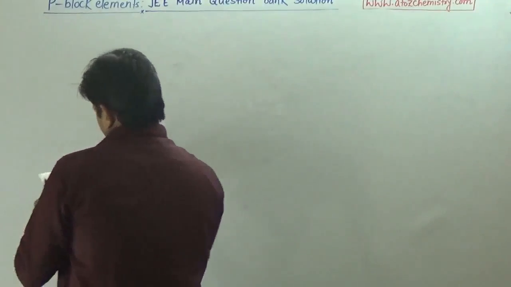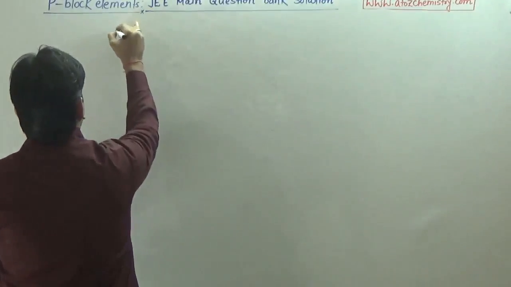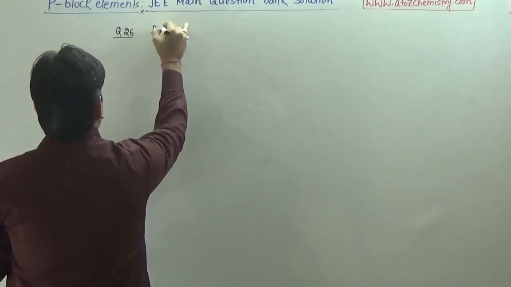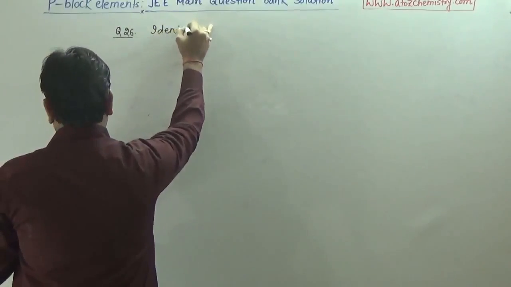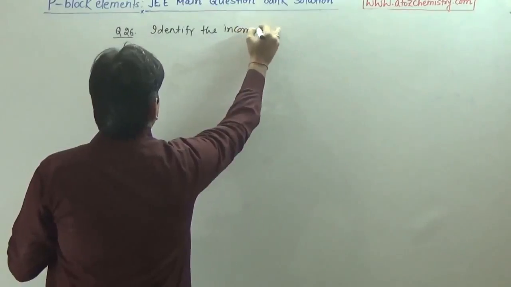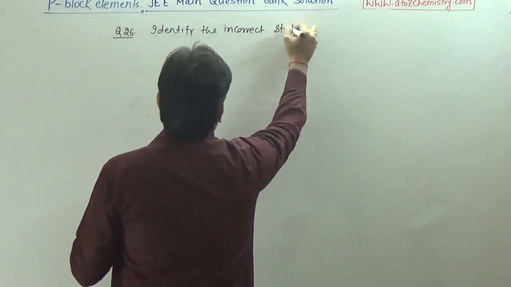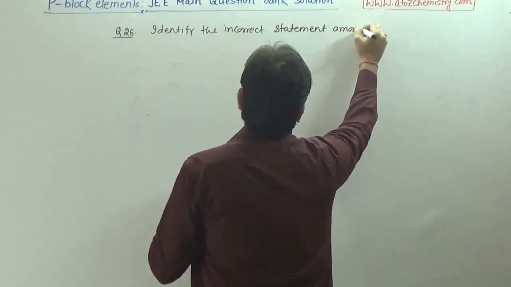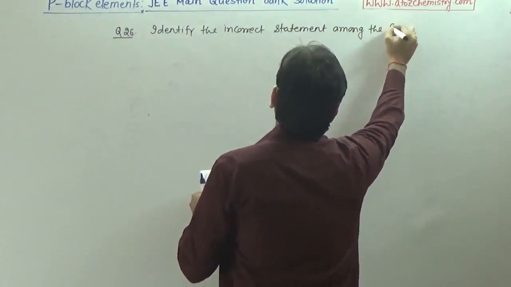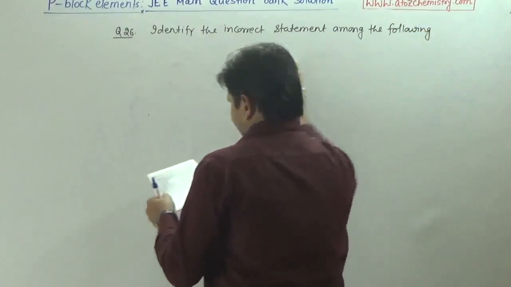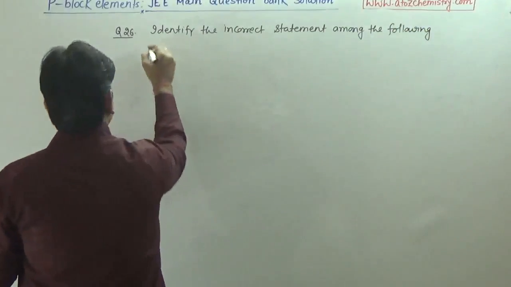The next question asked by JEE Main is question number 26. Identify the incorrect statement among the following.